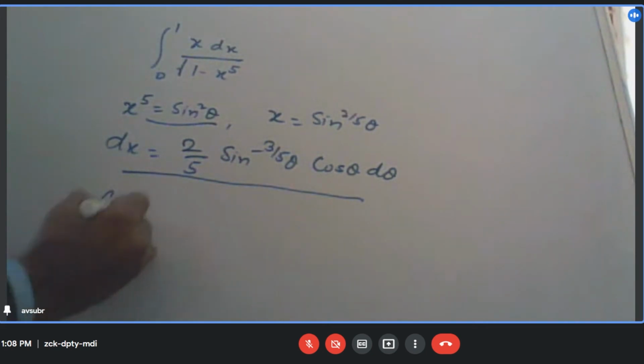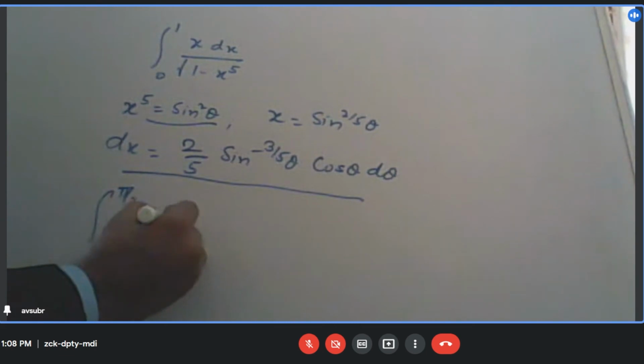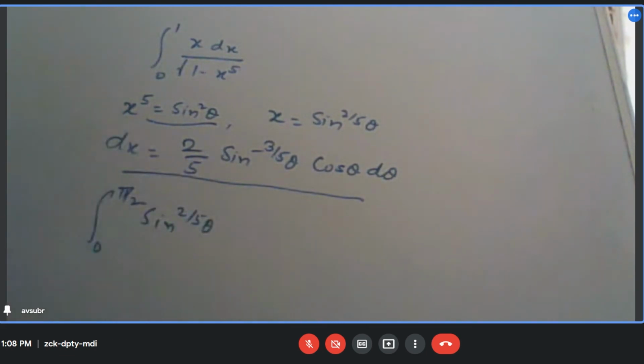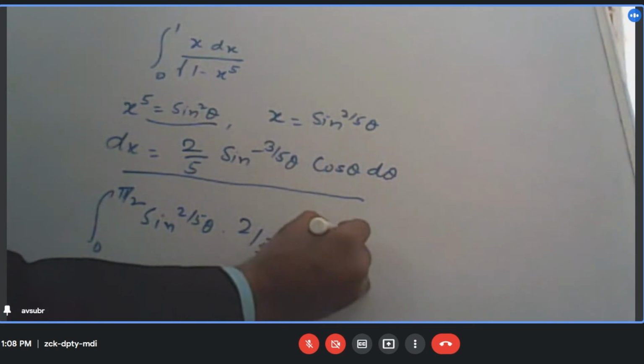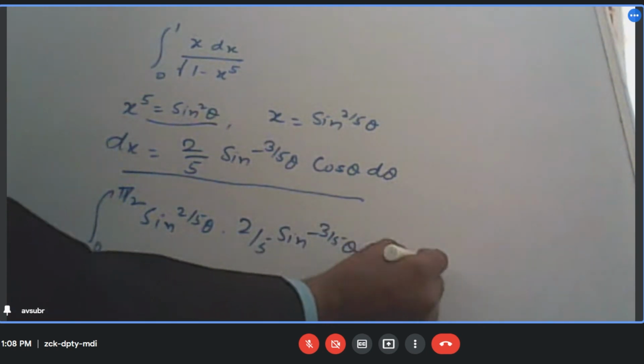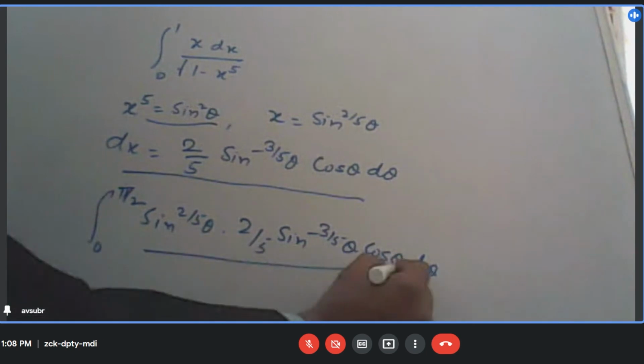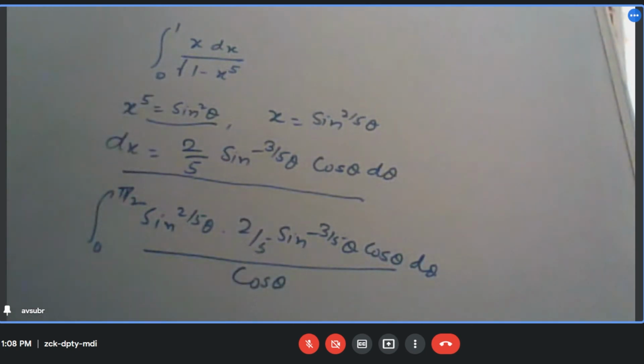So this will be 0 to pi by 2, x means sine to the power 2 by 5 theta, dx is 2 by 5 sine to the power minus 3 by 5 theta cos theta d theta divided by cos theta. Is it okay? Yes, sir.